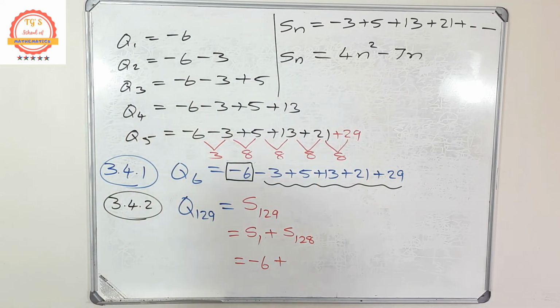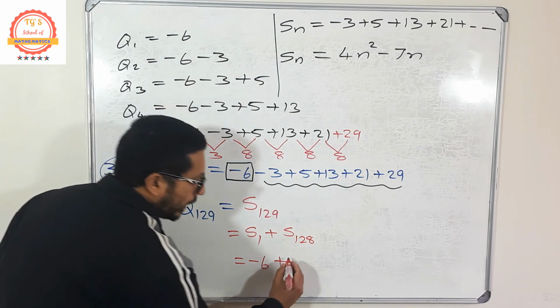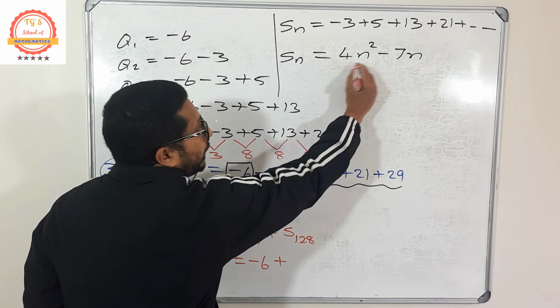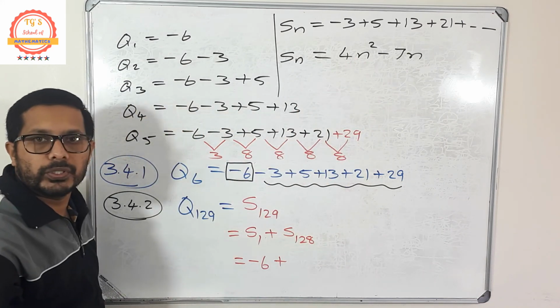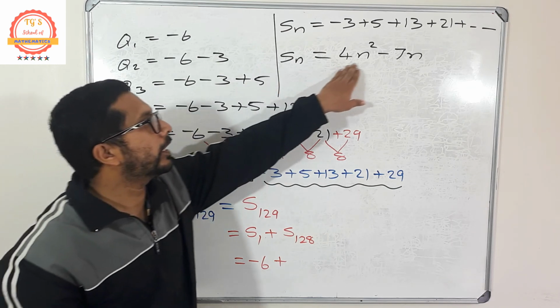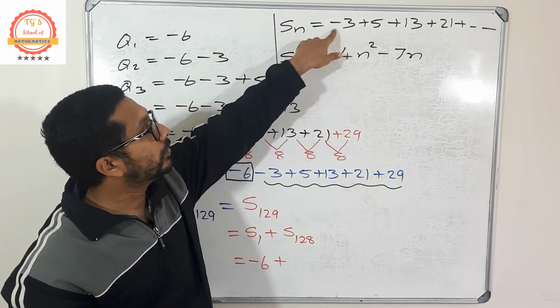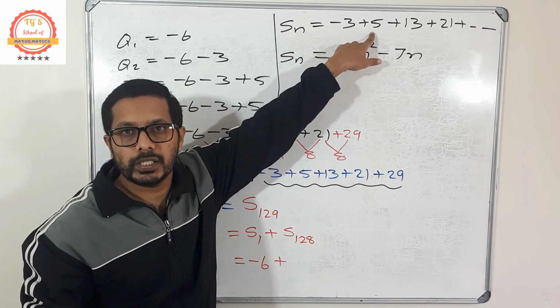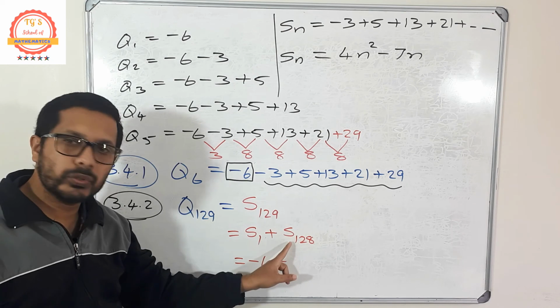So for the sum of the first 128 terms, we can write this expression and substitute the value of n as 128, because that is the expression that we got in the previous question to find the sum of this sequence or series.